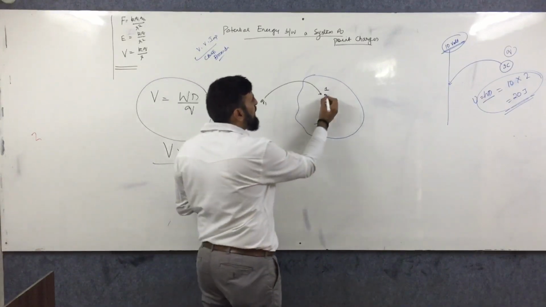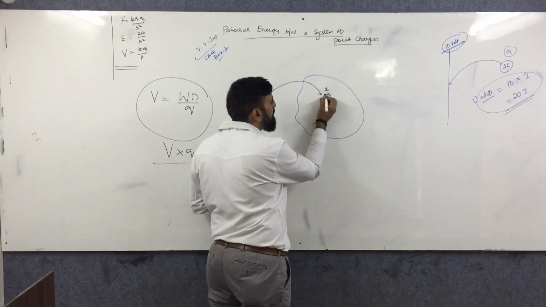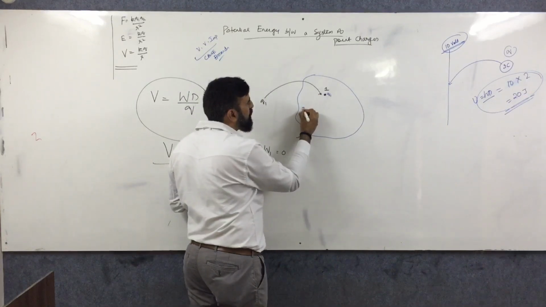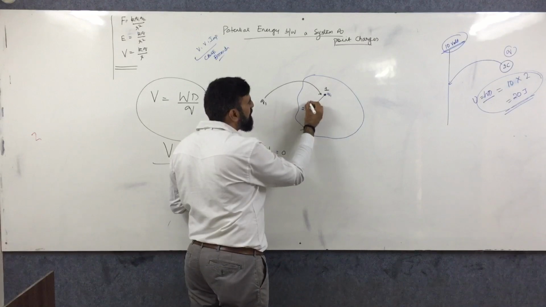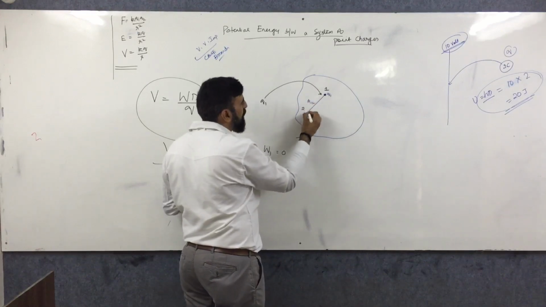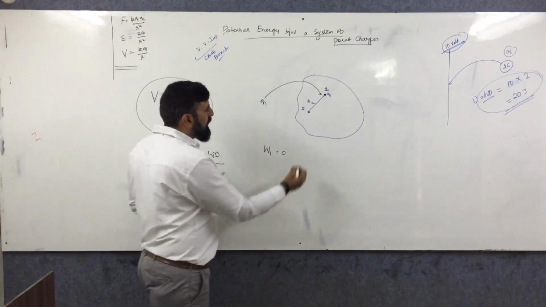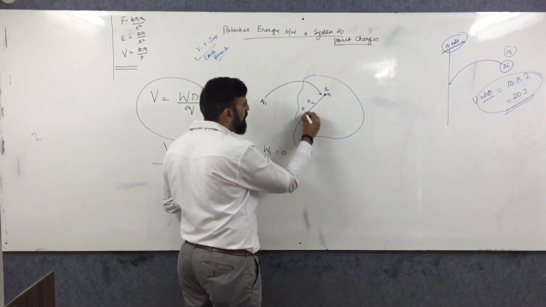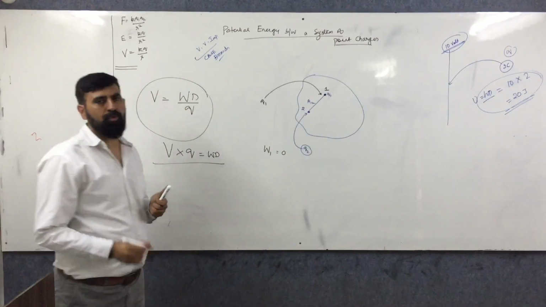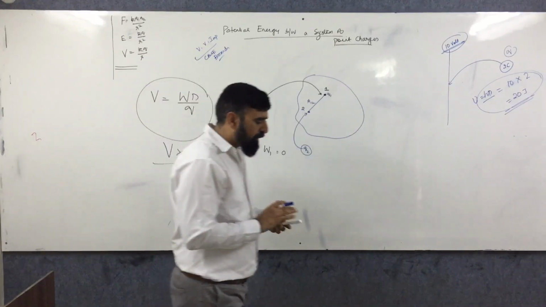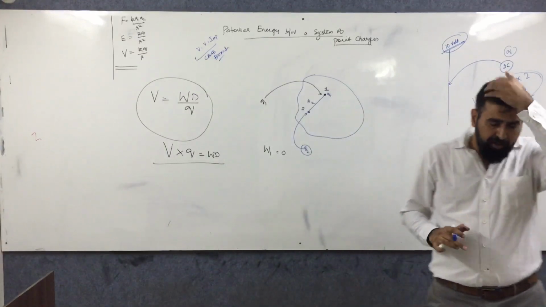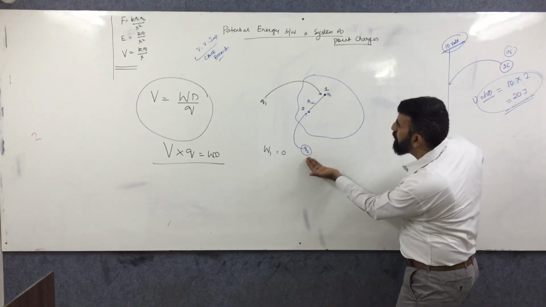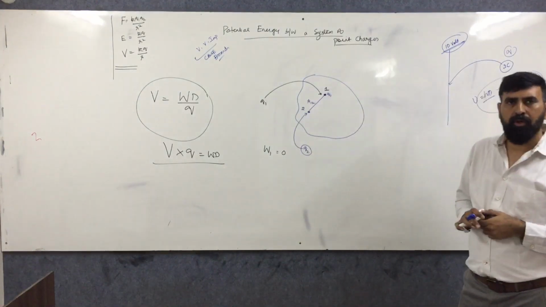But once I keep Q1 at point 1, I choose a point 2 which is at a distance of R12 from 1, and I plan to shift Q2 to 2. I wish to push this charge Q2 to this point 2.